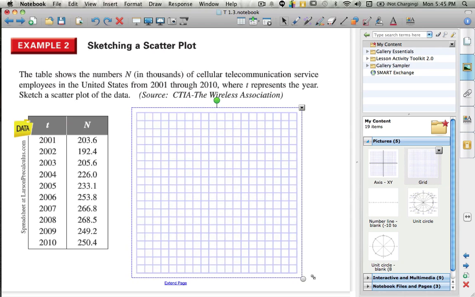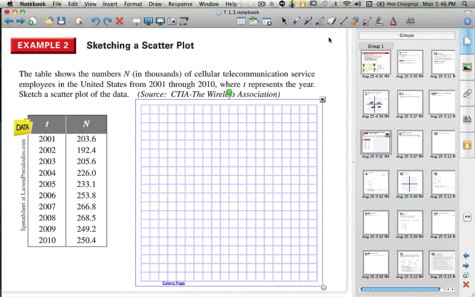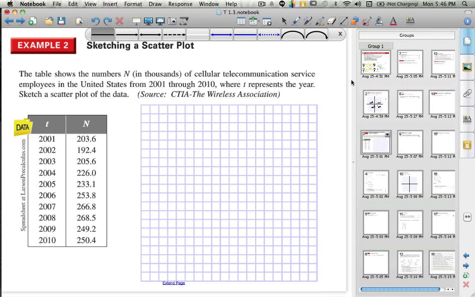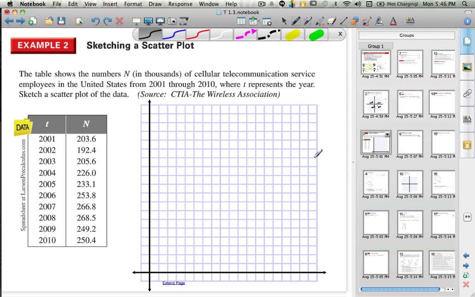I think it'll be more helpful for us, because what I want is a lot of flexibility around how I put my graph together and how I do my scale. So I'm going to work just in quadrant 1.